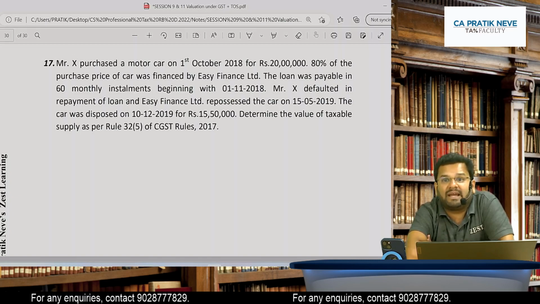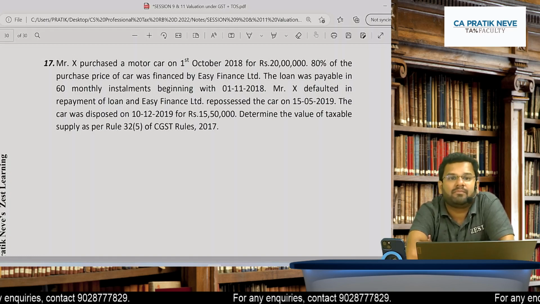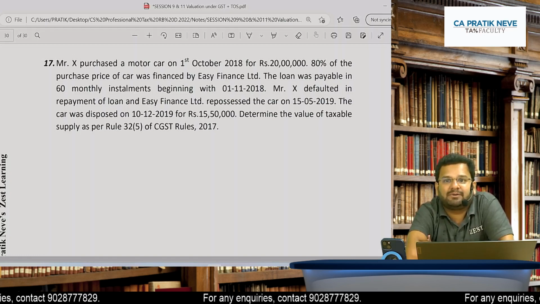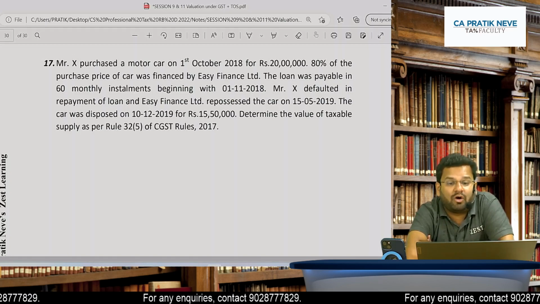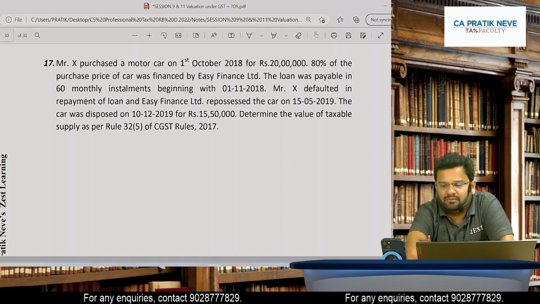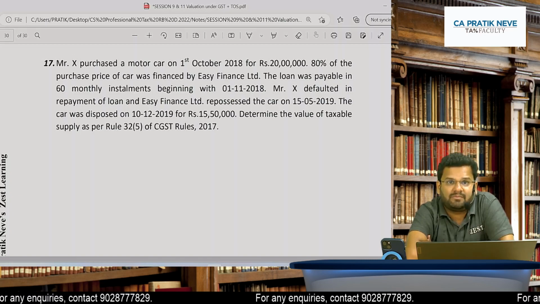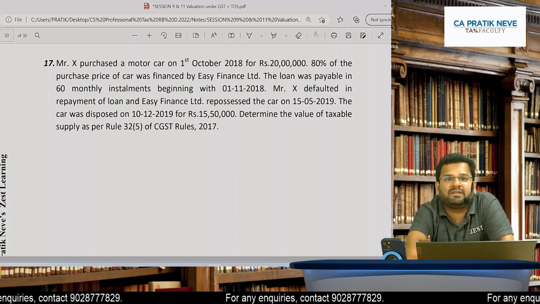For whom are we calculating the assessable value? Very good, Ketki. We are calculating assessable value for Easy Finance Limited. Wonderful. So for Easy Finance Limited, what's the selling price? Selling price is 15,50,000.